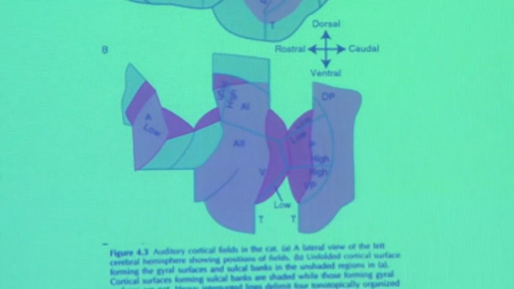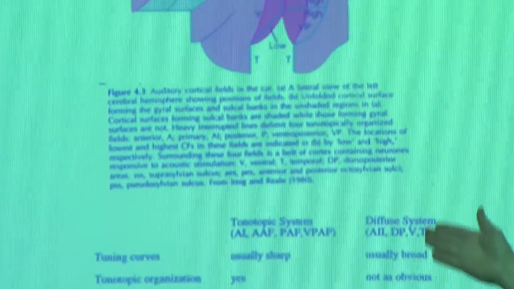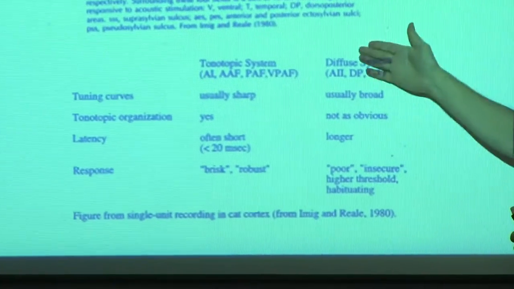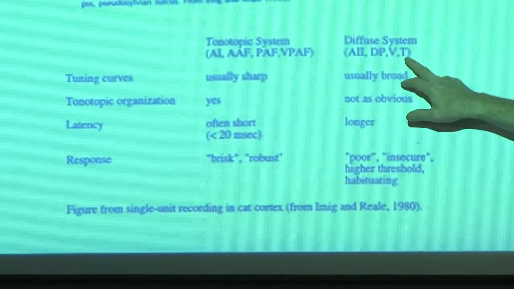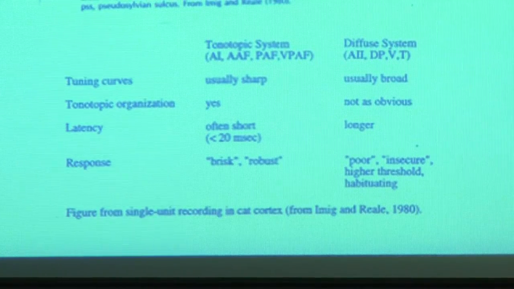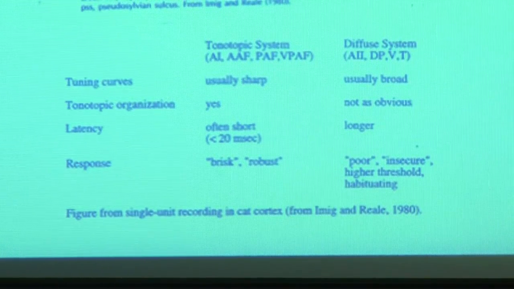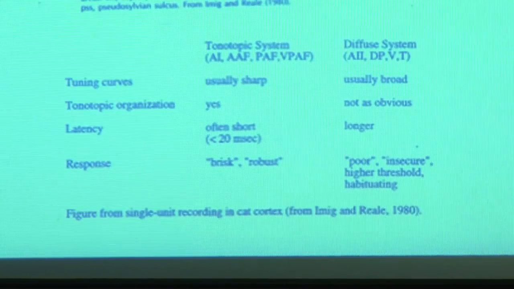Okay, and in the cat, you have these 4 tonotopically organized fields, and you have several fields, A2, DP, V, and T, where the tonotopy is either not existent or much less obvious. Okay, and there are some challenges here to exploring responses in these other areas.